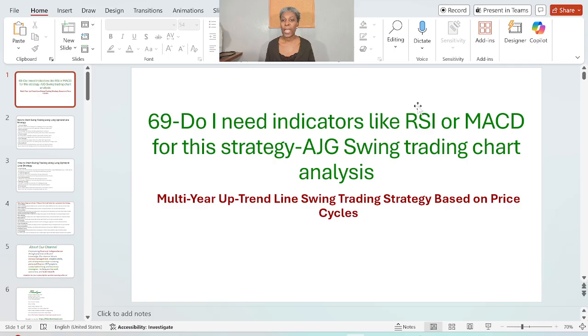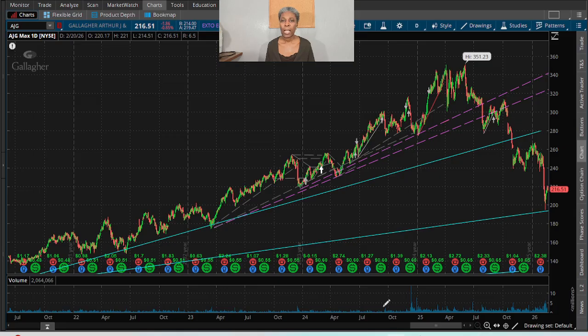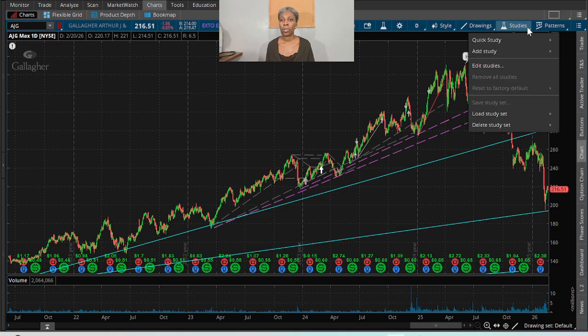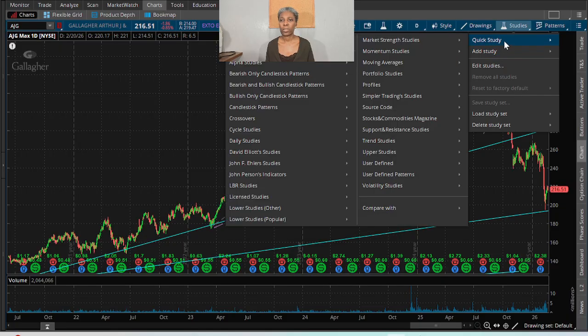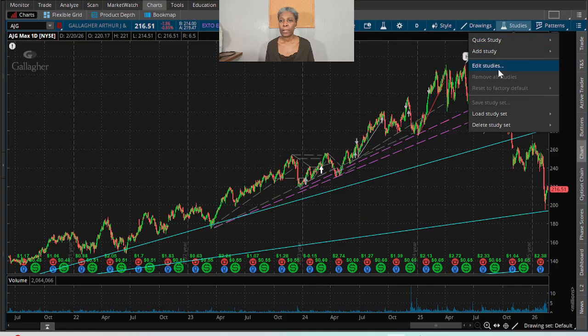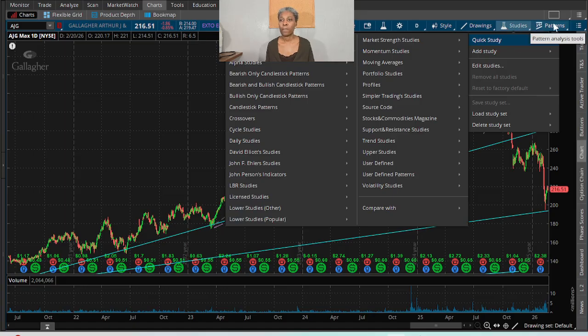When it comes to RSI and MACD, I heard about at least RSI before, but frankly, I don't even know what kind of indicators they are. I don't use them, and I'm sure Think or Swim will have all those indicators for you to use.